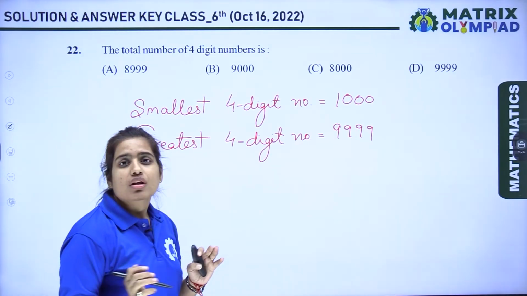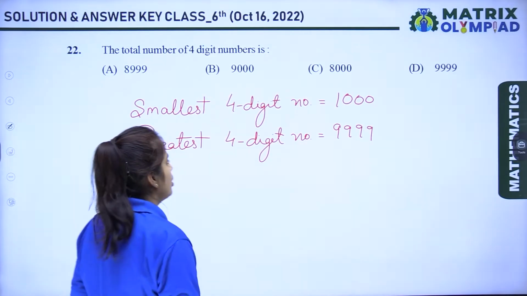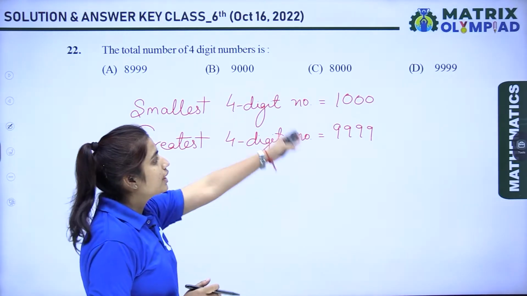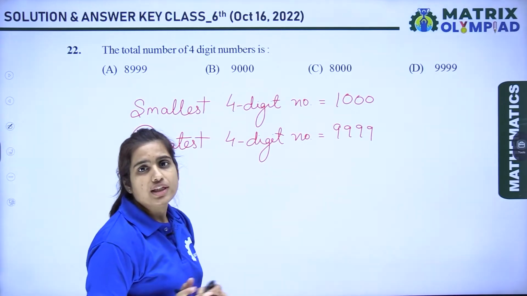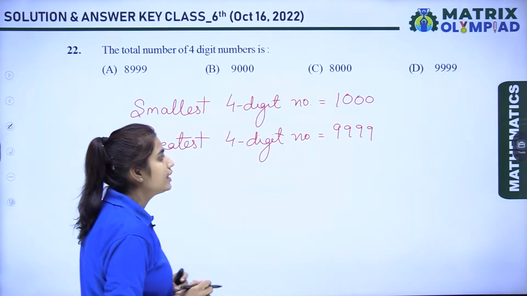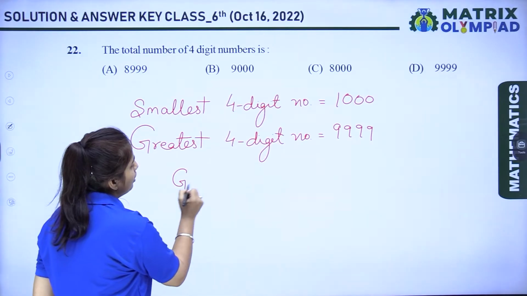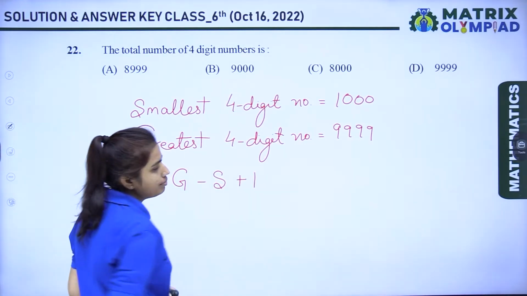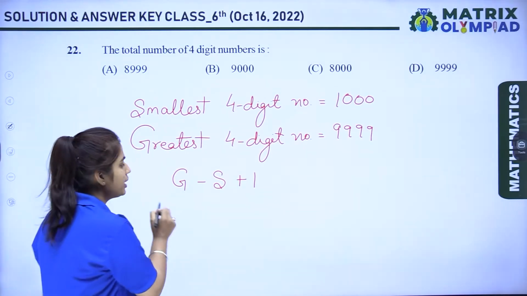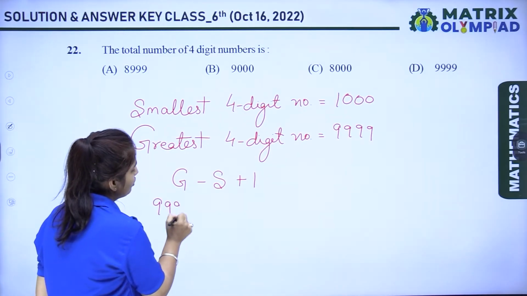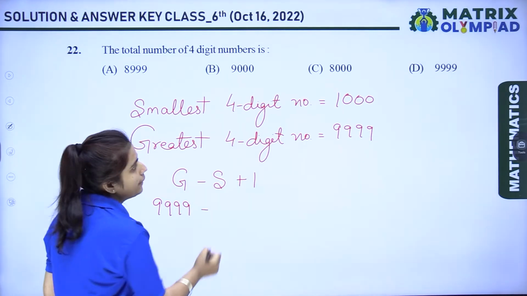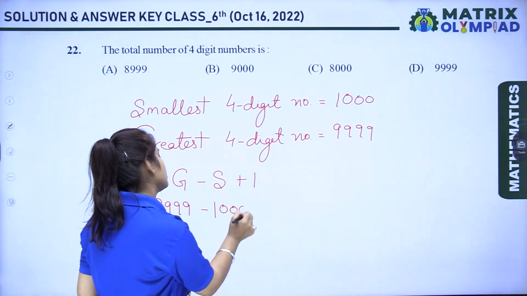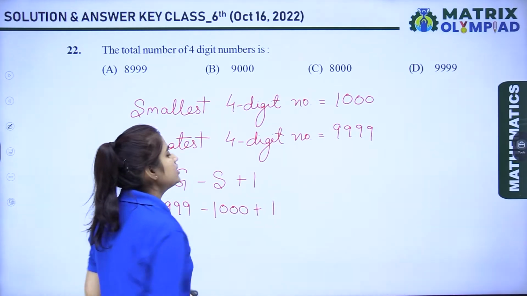Now, we are going to apply the formula to find out the total number of numbers in between 1000 and 9,999. Here's the formula: greatest number minus smallest number plus 1. So, here the greatest number is 9,999 minus the smallest 4-digit number we have, which is 1000, plus 1.